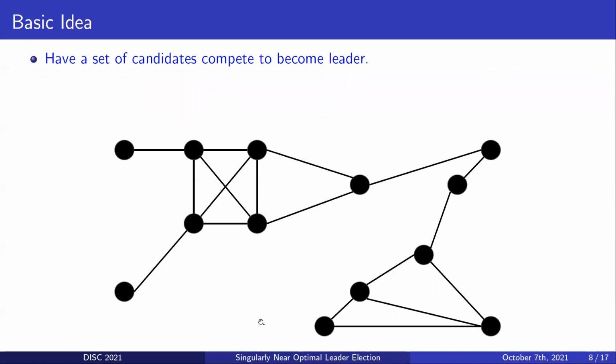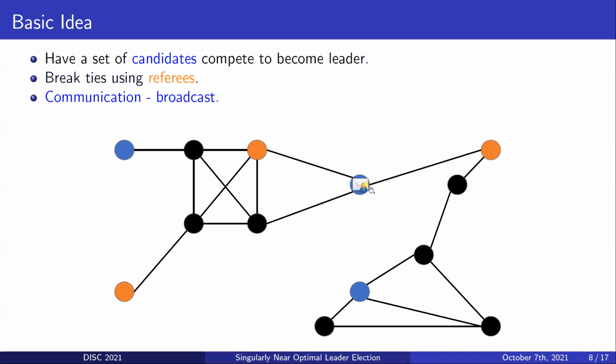So what are some basic ideas involved in the algorithm? Well, in this network, we will have a subset of the nodes become candidates, and these candidates will compete to be the leaders. In order to break ties between these candidates, we have another subset of nodes elect themselves as referees.